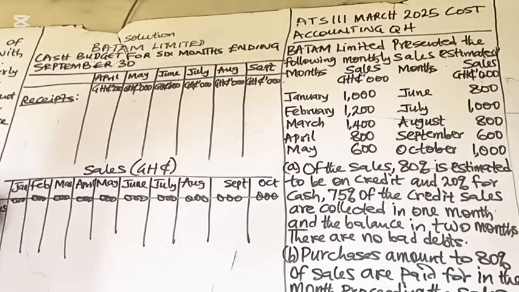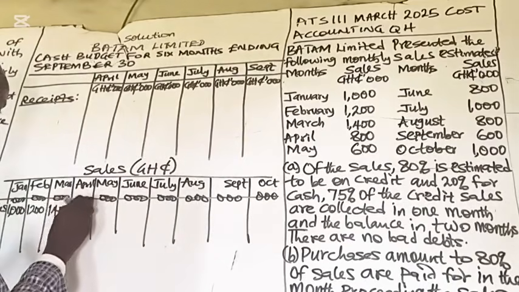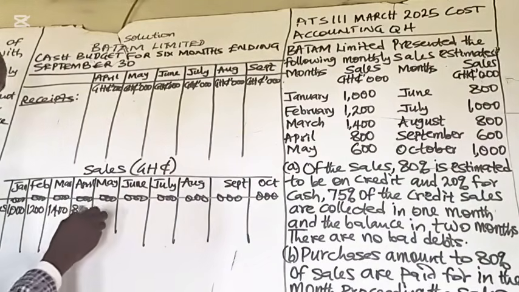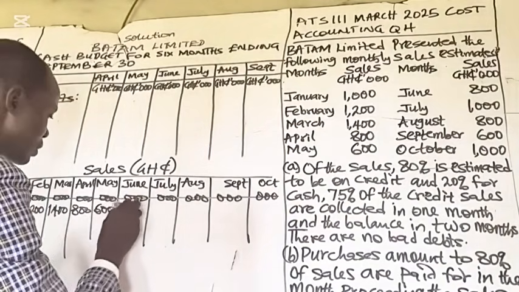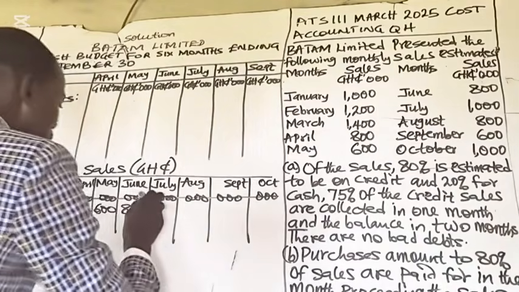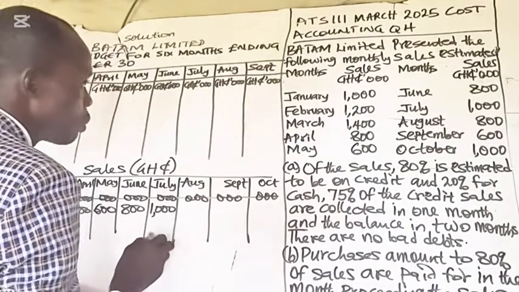We have sales. In the month of January, we have 1 million. February, 1.2 million. March, we have 1.4 million. Then April, 800,000. And May, 600,000. June, we have 800,000. July, we have 1 million. August, we have 800,000.